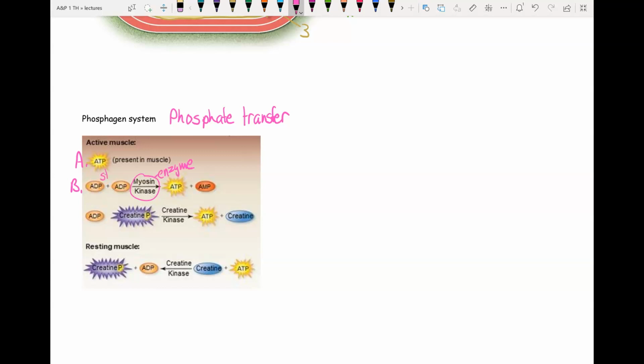Here's what you start with. You have 2 ADPs. So that's an adenosine with 2 phosphates. And we have another one. The myosin kinase enzyme comes along and you end up with an ATP, which is what we want, and then AMP. In this case, the M stands for mono, which means 1.